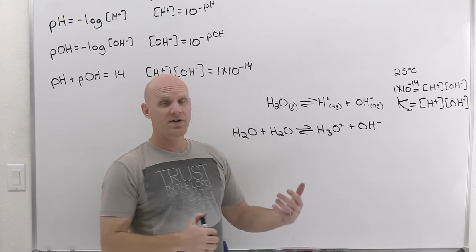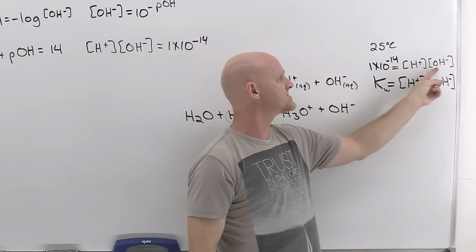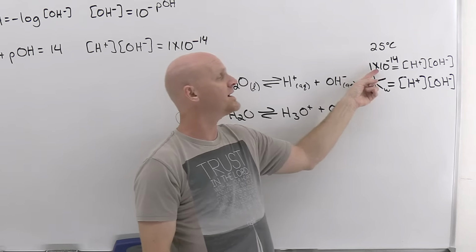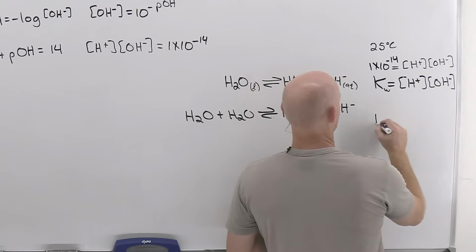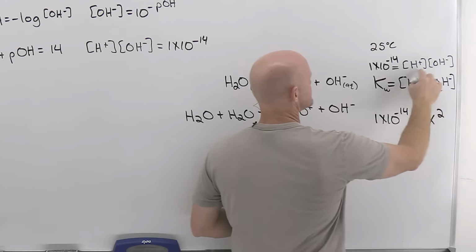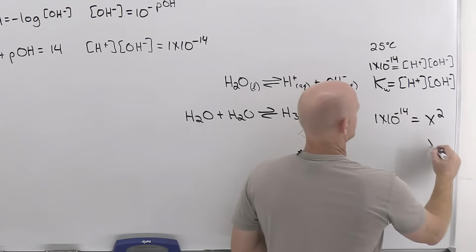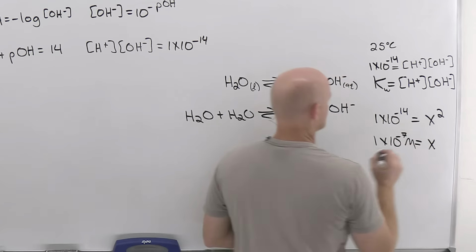All right, so if we've got pure water, once again, these two concentrations are equal, but they also multiply out to give you 1 times 10 to the negative 14. So you can take that 1 times 10 to the negative 14 and set it equal to x squared, since these are equal. Take the square root and you'll find out that x equals 1 times 10 to the negative 7 molar.